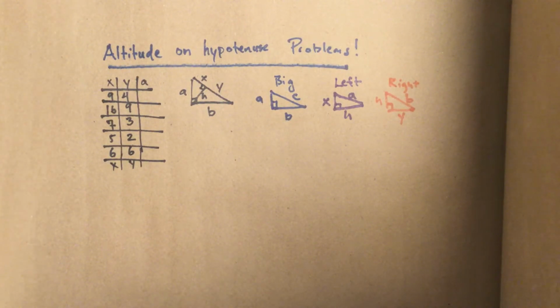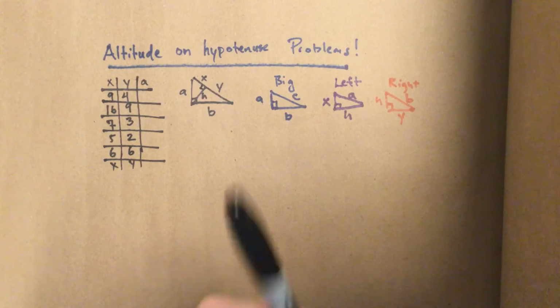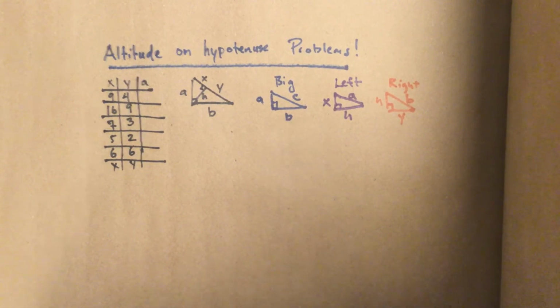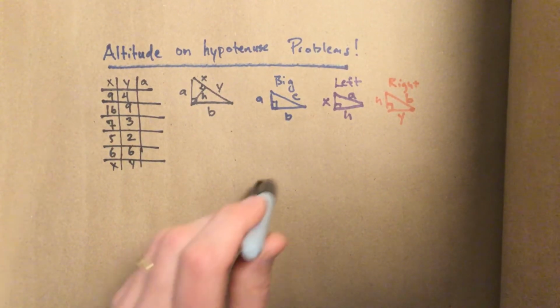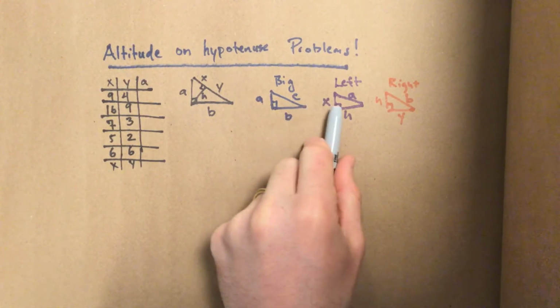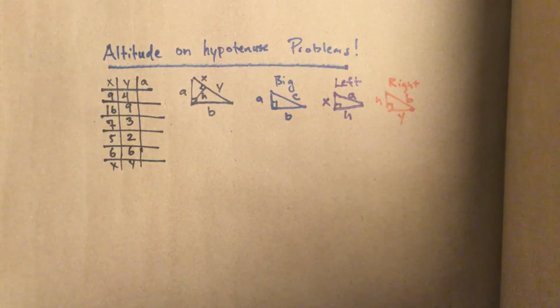So we need to set up a similarity statement, a ratio using x, y, and a. The very first thing I did, which is what you should be doing too, is separating your triangles into the big one, the left-sided one, and the right-sided one.